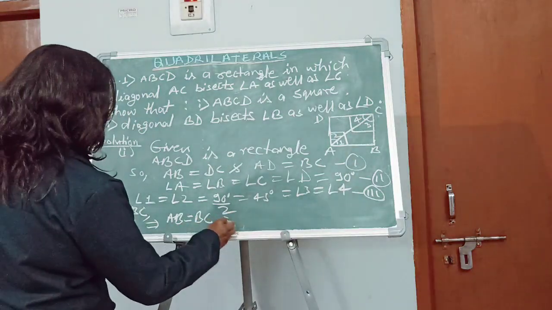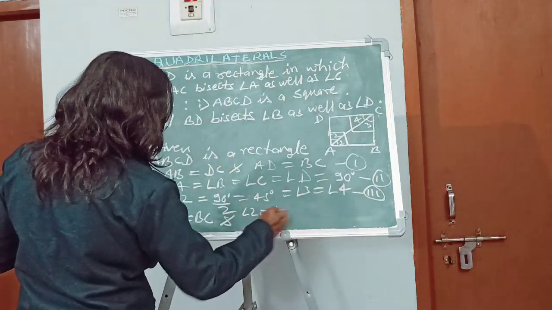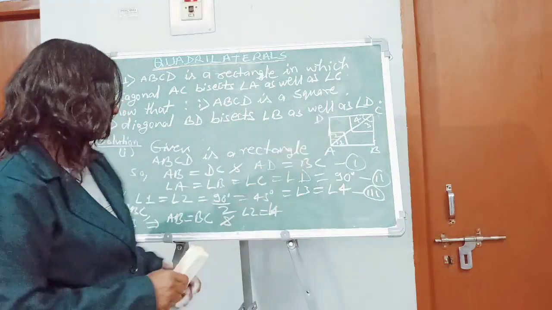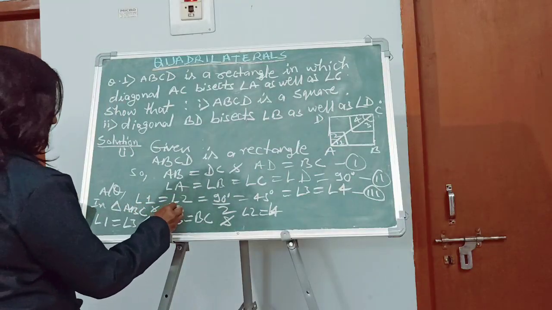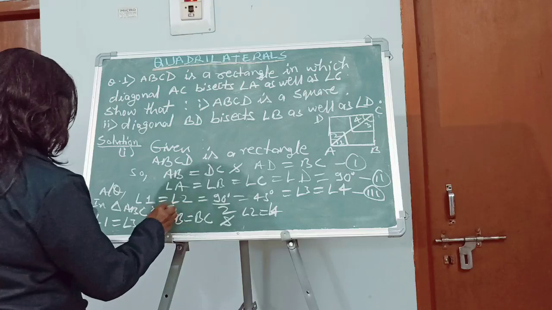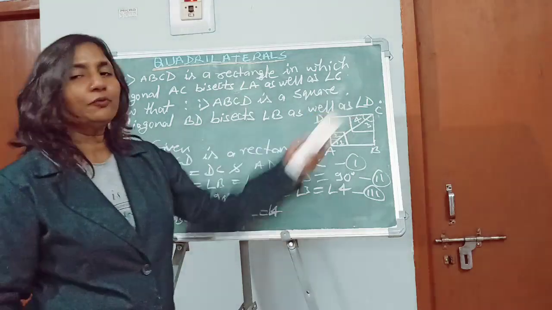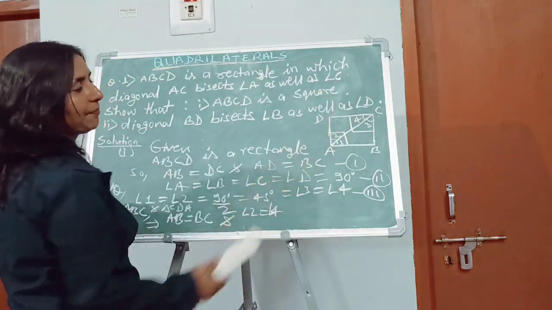Similarly, since angle 2 is equal to angle 4 in this triangle, angle 2 is equal to angle 4. So what would happen in this triangle CDA?